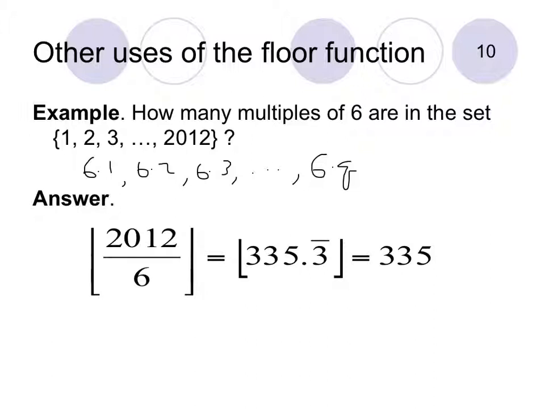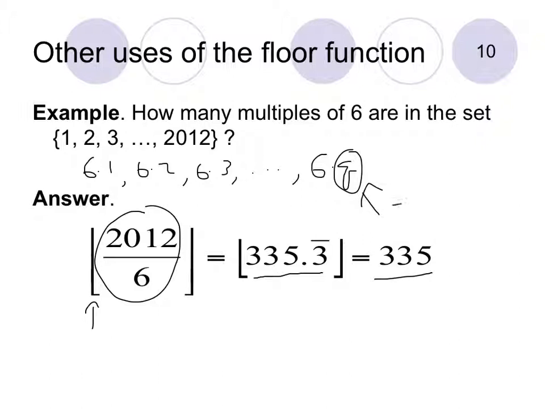So to find that out, I can do the quotient of 2012 divided by 6 and take the floor of that. That gives me 335.3 repeating. The floor then of that number is just 335. So that means that this quotient is really 335. In other words, 6 times 335 is the last multiple of 6 that you'll see inside of this set.